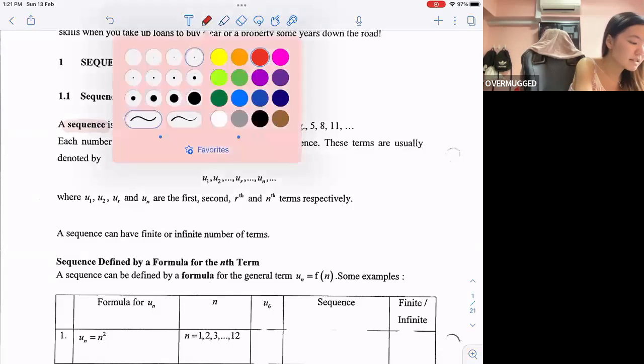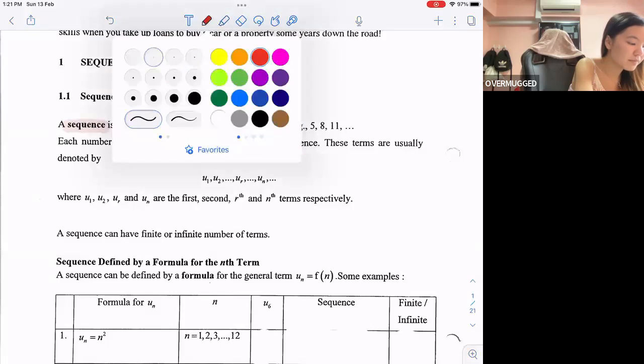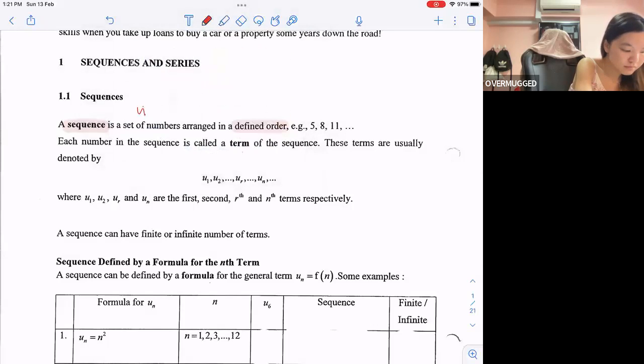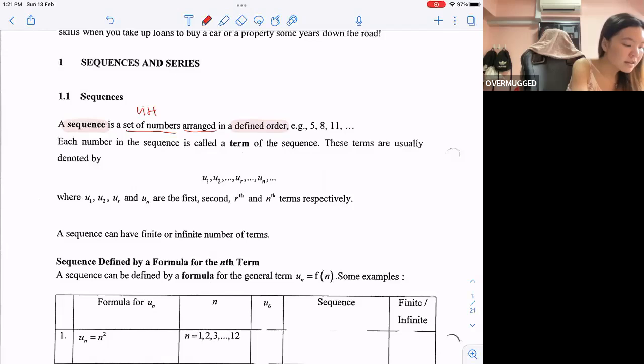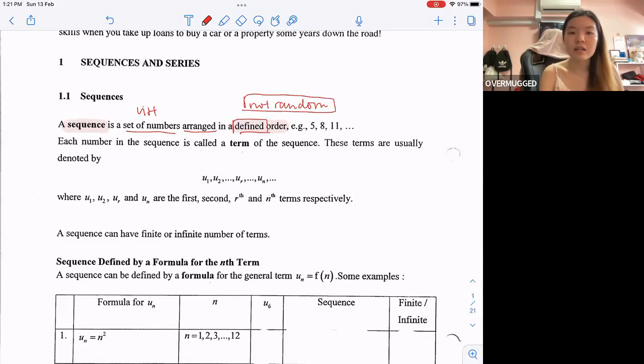A set of numbers is actually a list, arranged in a defined order. In other words, it is not random. You cannot just plug a bunch of random numbers and call it a sequence. It is a list of numbers, but there is an order to it.